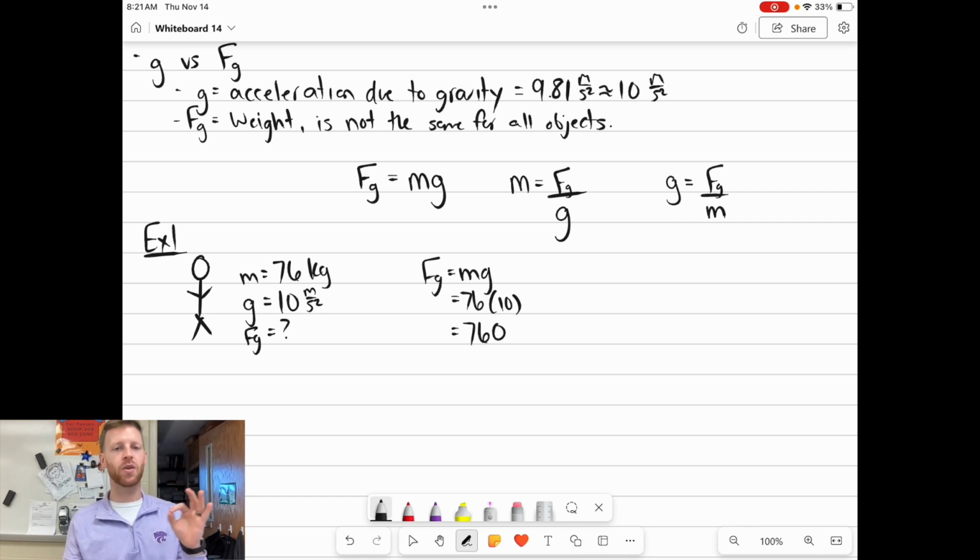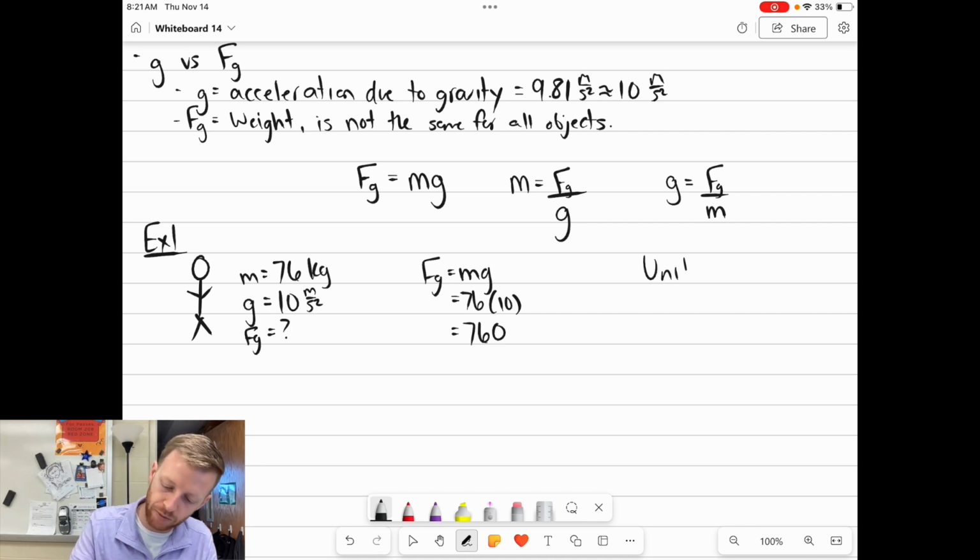What do I measure weight in? Or more specifically, what do I measure forces in? Because we have all these different types of forces. Well, let's do some quick unit analysis over here. When it comes to unit analysis, we basically look at what I'm adding up.